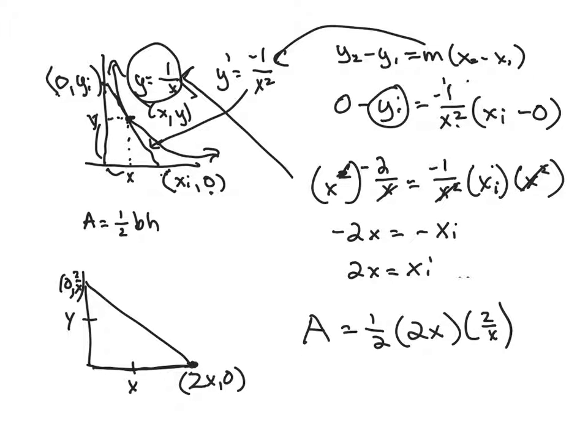It's really hard for me to follow someone else's work. But these are always going to cancel out no matter what value of x you put in. It's the unique nature of the fact that this is 2 over x and this is 2x, and you multiply it by 1/2, that makes the area always equal to 2. Hope that answers your question.